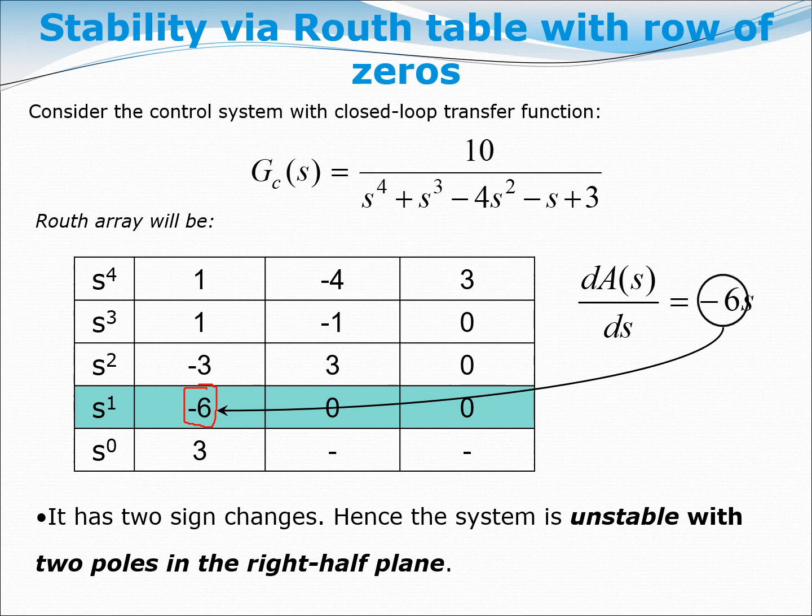Now there are no more rows with all zeros. Then you can solve this Routh array table. After you solve this one, you will get 2 sign changes. Then we can say the system is unstable with 2 poles on the right half plane.